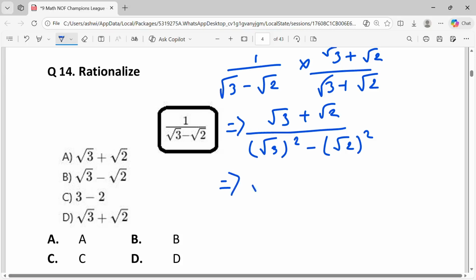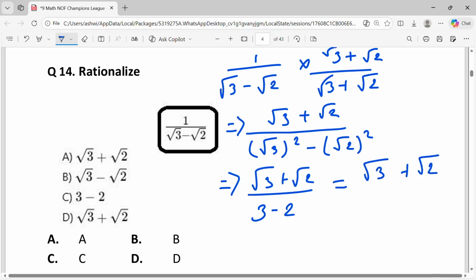That is root 3 plus root 2 upon 3 minus 2, which is equal to root 3 plus root 2.